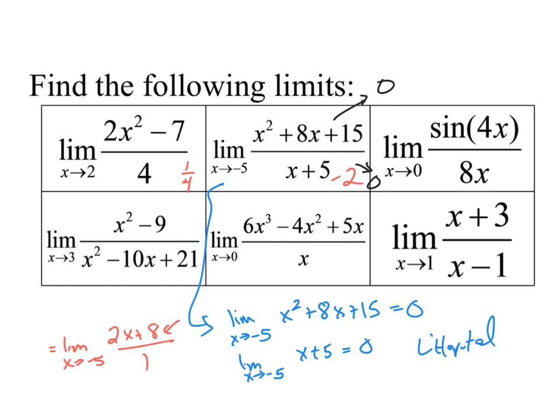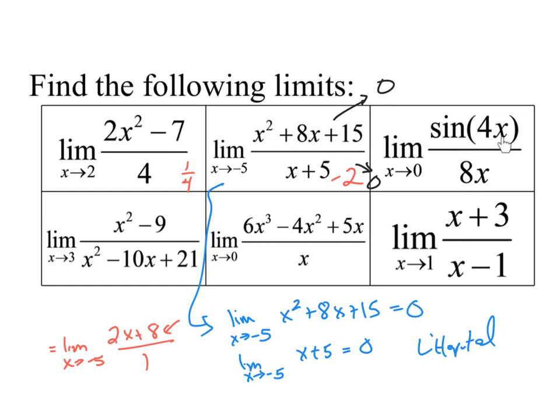Going to this next problem, limit as x approaches 0, sine of 0 is 0, 8 times 0. So just for the sake of time and space, I hope you'll forgive, we're going to almost treat this like it was a multiple choice question. You certainly should repeat this process.